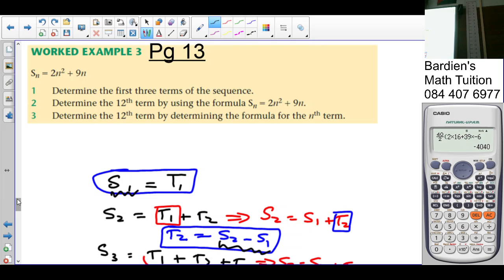We need to work out the sum of the first 3 terms. Okay, so whenever you get the sum, you first work out the sum of the first 3 terms. Okay?